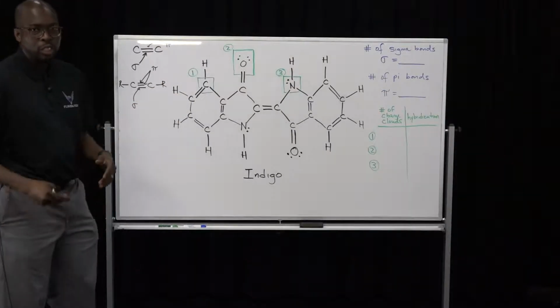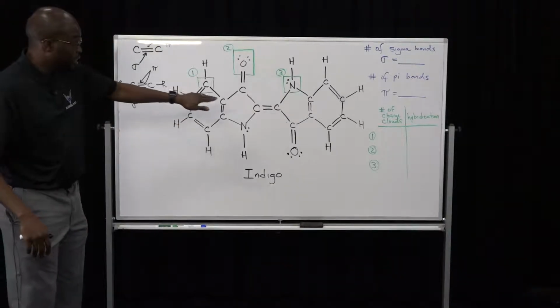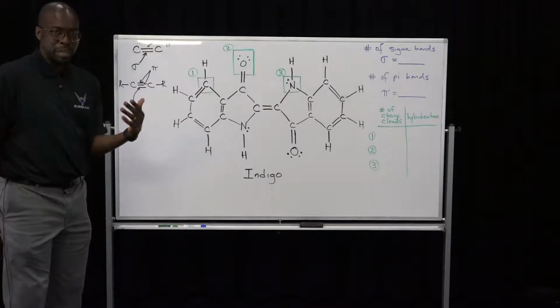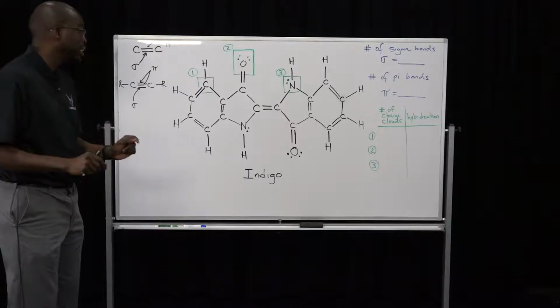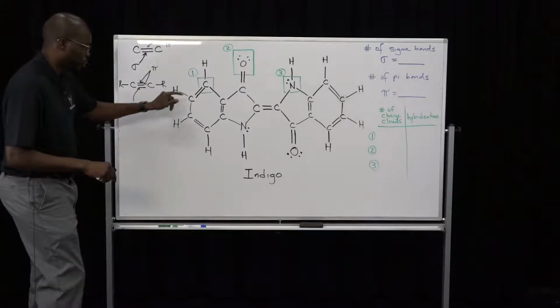and pi bonds. So we'll start with within the rings, counting the sigma bonds. Okay? So remember, we're only counting the spaces between atoms. Okay? So we're going within the rings.